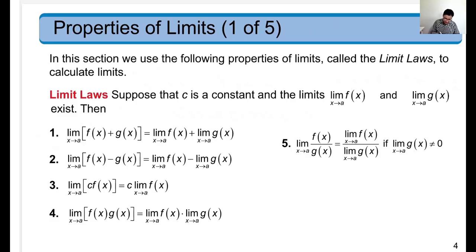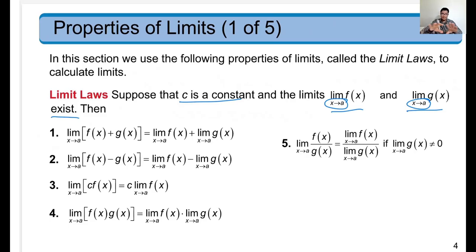Okay. So in the limit laws, c is a constant, and suppose there are these two functions f and g whose limits at this point a exist. So there are some assumptions here. For example, if one of the limits does not exist, like either f of x or g of x does not have a limit at a, none of these laws make sense.